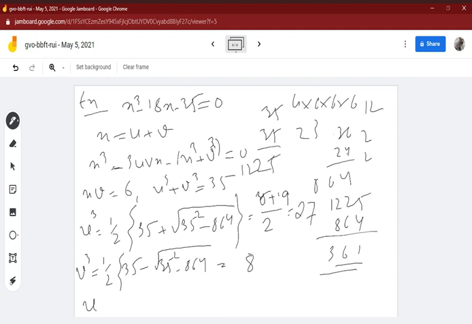So the values of u are 3, 3 omega, 3 omega square. Values of v are 2, 2 omega, 2 omega square.